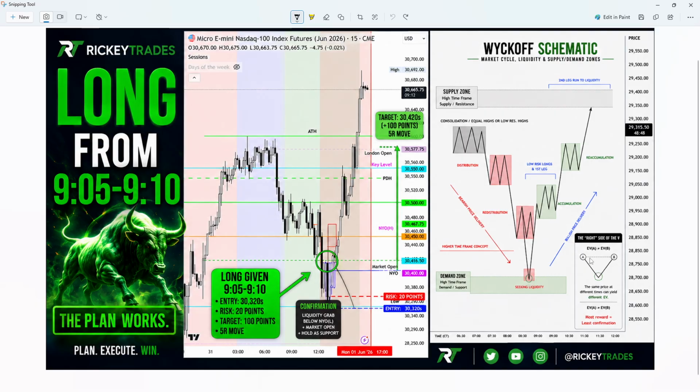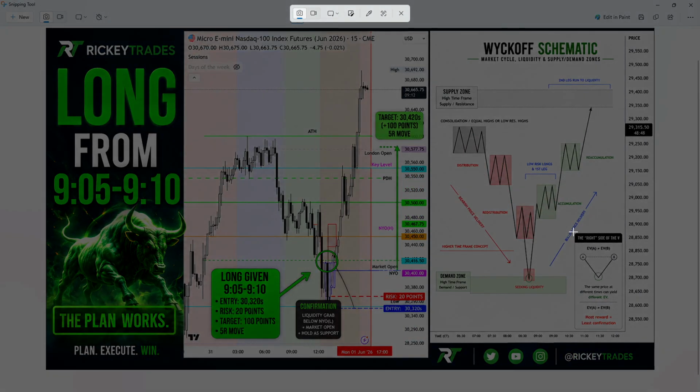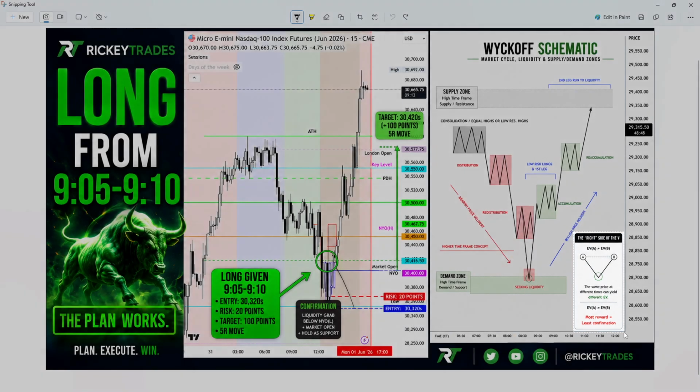Now, like I said, the right side of the V, the same price at different times can yield different expected value. What does that mean? Like this little piece right here, I'm going to make sure I take a picture of this for my contacts later on as well, and you guys can do that as well.